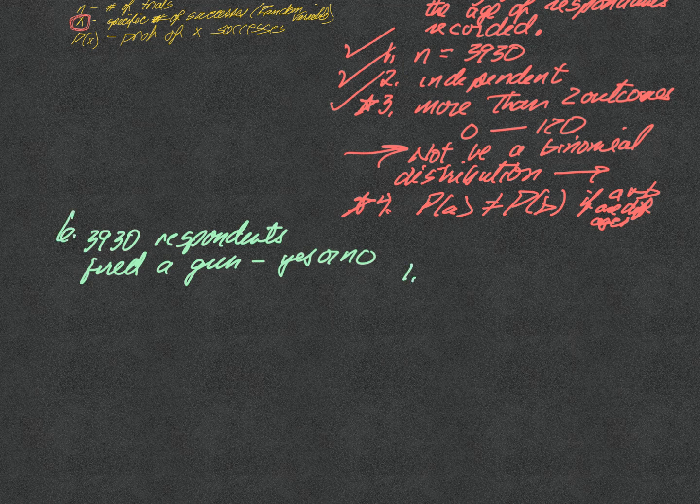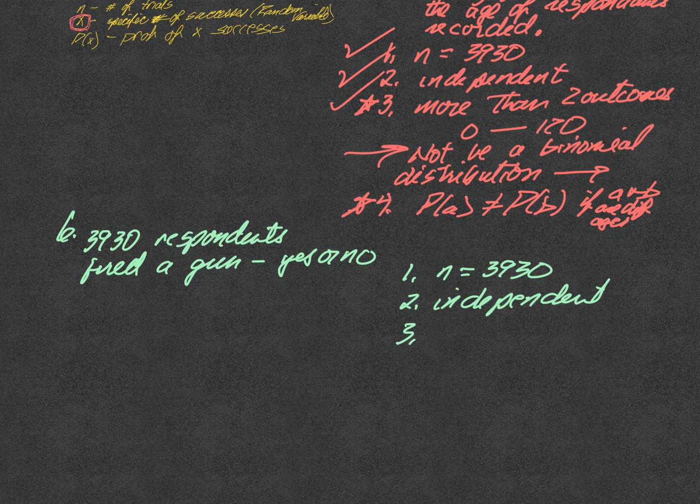Number 1, again, we have n equals 3,930 trials. They're independent. Whether I have fired a gun and you have not doesn't affect one way or the other. So we can see that these are independent.